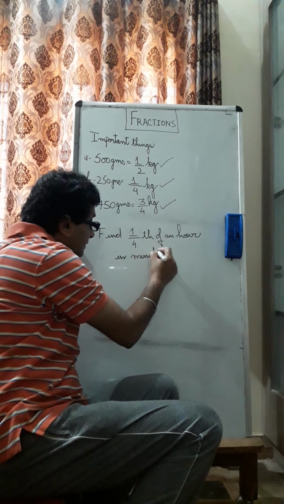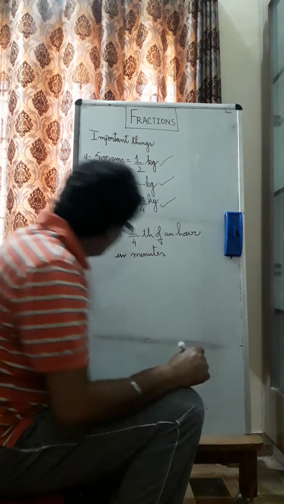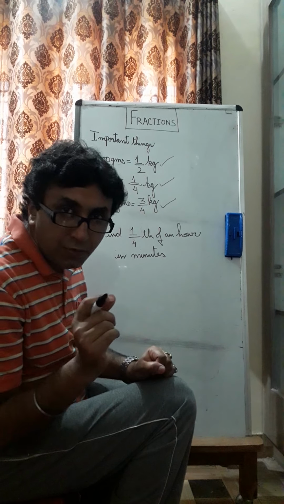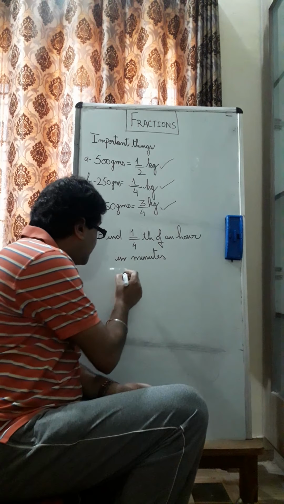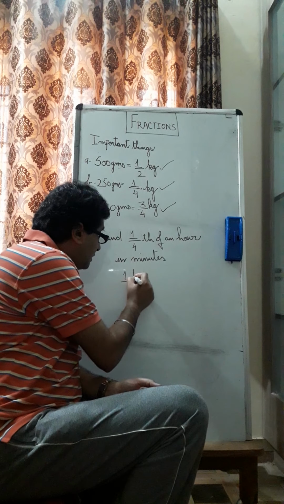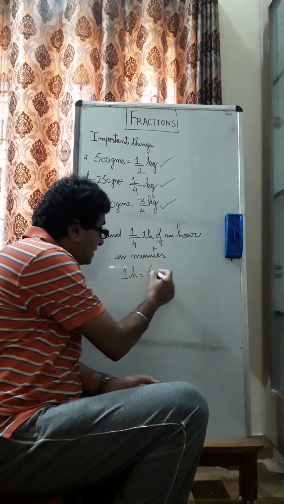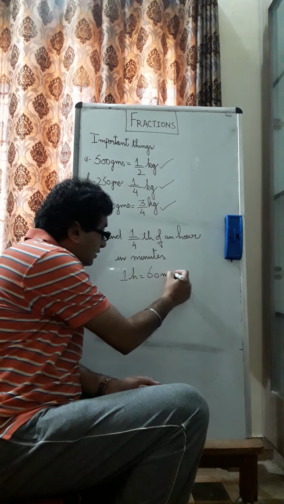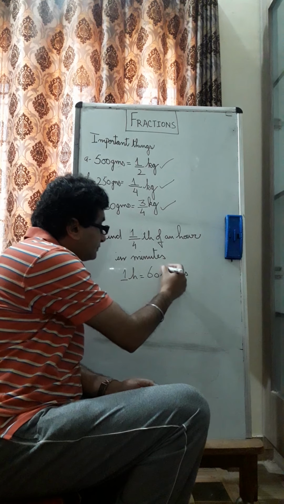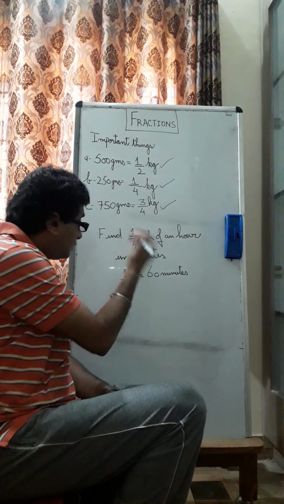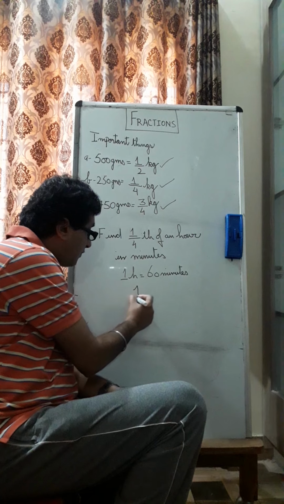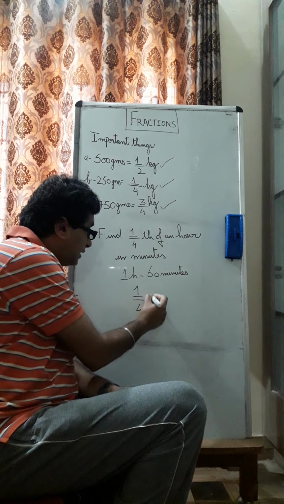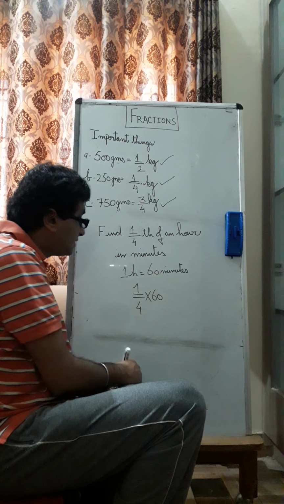In minutes. So how do we do it? So first we need to know 1 hour would mean how many minutes? 1 hour is equal to 60 minutes. This is basic knowledge that all of us have learned in class 2. Right? So 1/4 of an hour. So you take 1/4 into 60, because we have to find the answer in minutes.